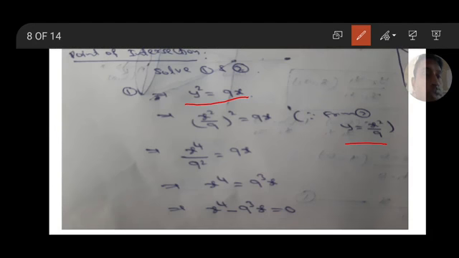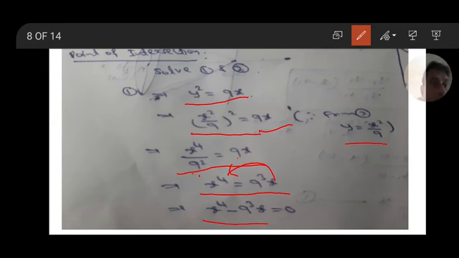Substitute the y value: x square by 9 whole square equal to 9x. So x to the power of 4 by 9 square equal to 9x. So x to the power of 4 equal to 9 cube x, by cross multiplication, 9 square into 9 is 9 cube. Bringing it to the LHS, x to the power of 4 minus 9 cube x equal to 0.